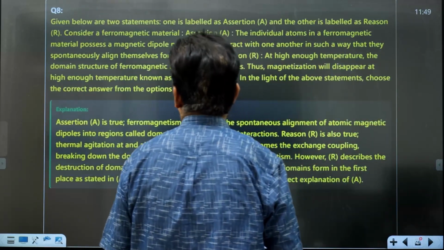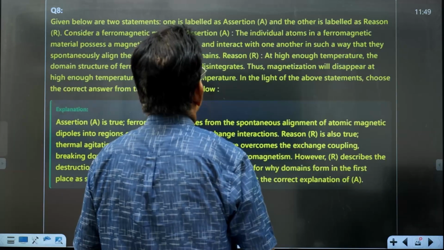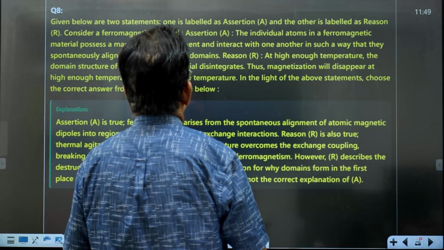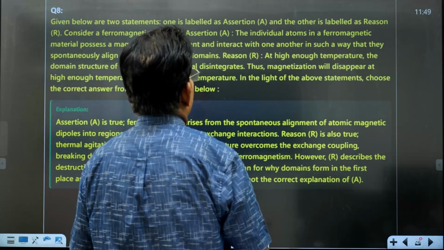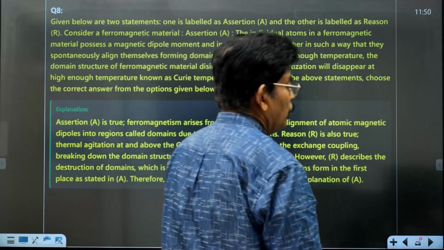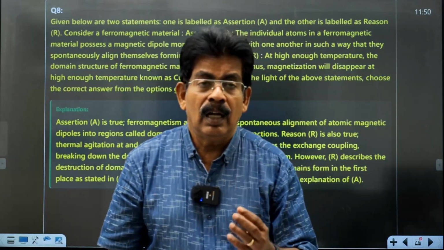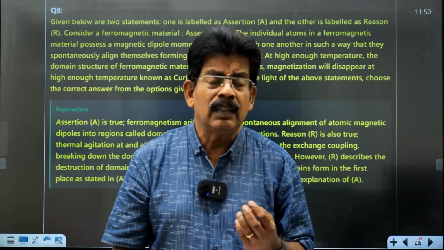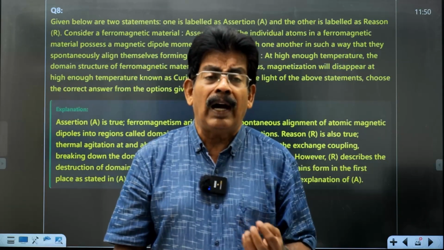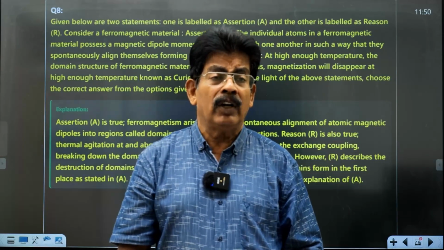Look, consider a ferromagnetic material. The assertion says individual atoms in the ferromagnetic material possess a magnetic dipole moment and interact with one another in such a way that they spontaneously align themselves, forming domains. This is the reason for domain formation. Ferromagnetic atoms have 2 or more unpaired electrons; iron has 4 unpaired electrons.